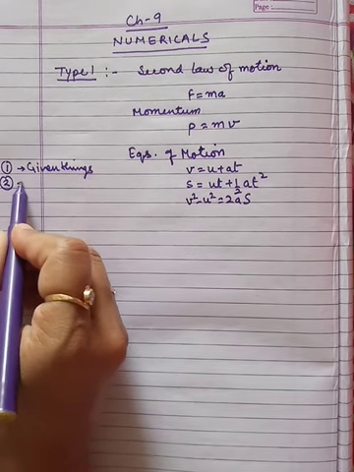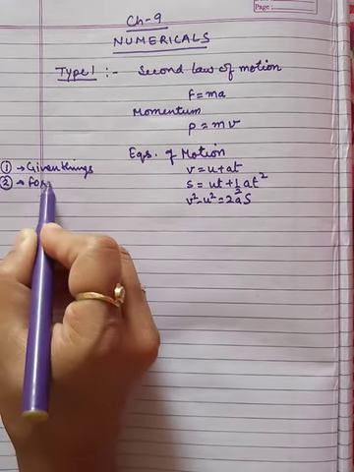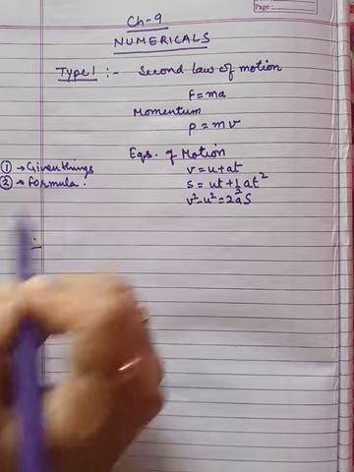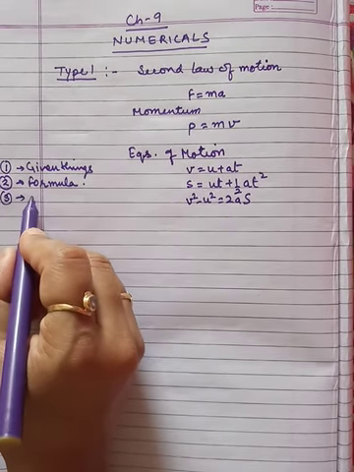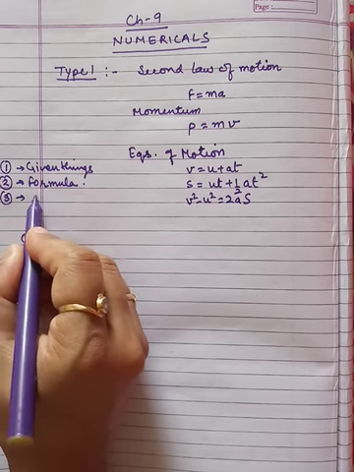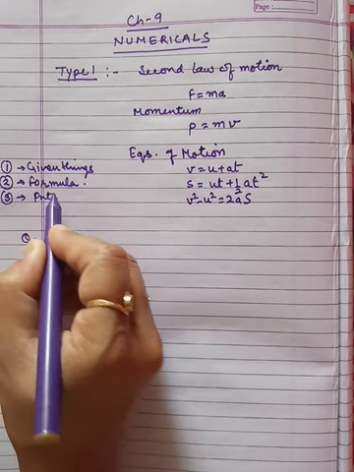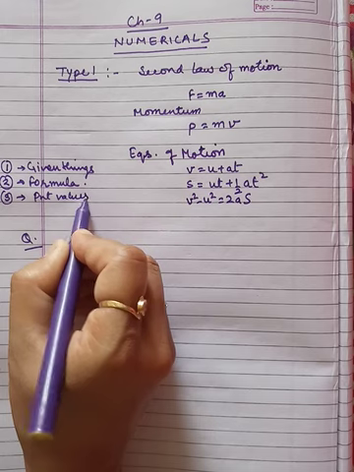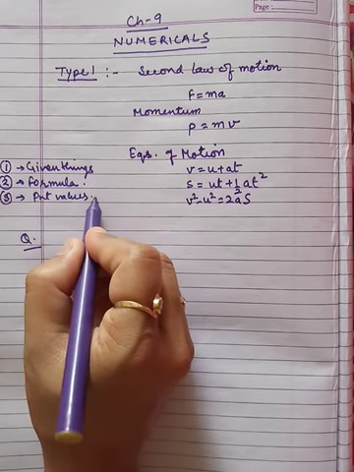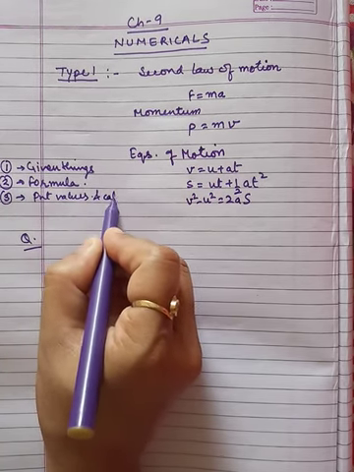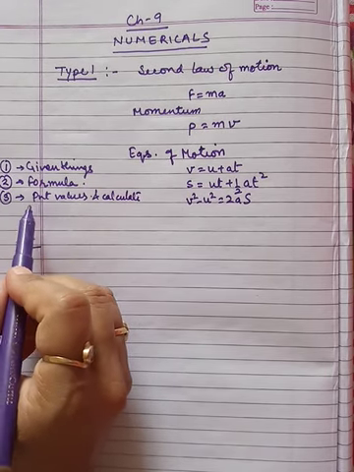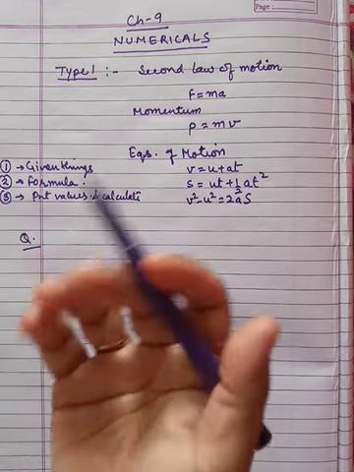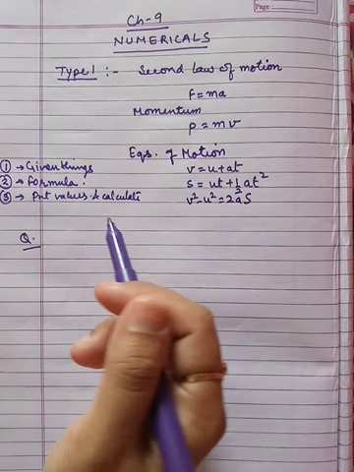Second was find out the formula or the equation to be applied, and thirdly we have to put the values in the formula itself and calculate the answer. So these are the three important steps, you can say, for attempting any numerical.